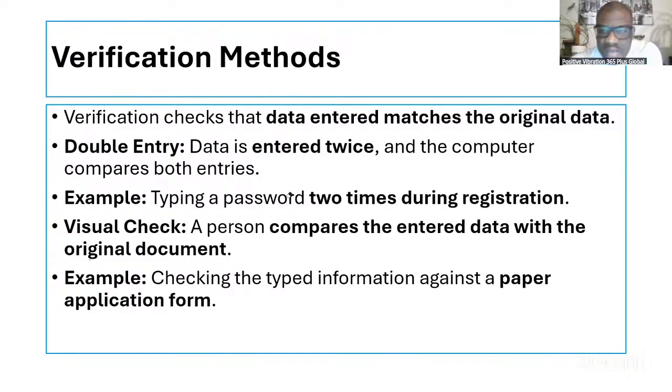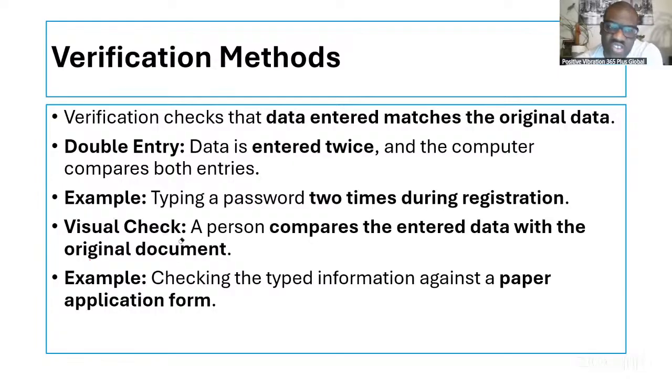There you go. Visual check, as I said, is where a person manually compares the data that is entered with the original document. That is also another type of verification. Your examination curriculum requires you to know the difference between double entry and visual check.